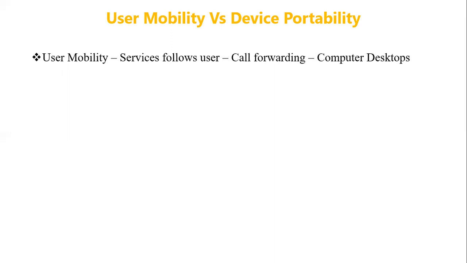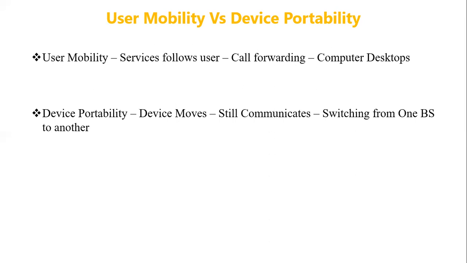And coming to device portability, in the sense, here the device moves. Even though the device moves, the device will be able to communicate. That is, the device will be able to adapt to the network that is available wherever it moves. For example, in your home, your device may be connected to the internet through a broadband network.